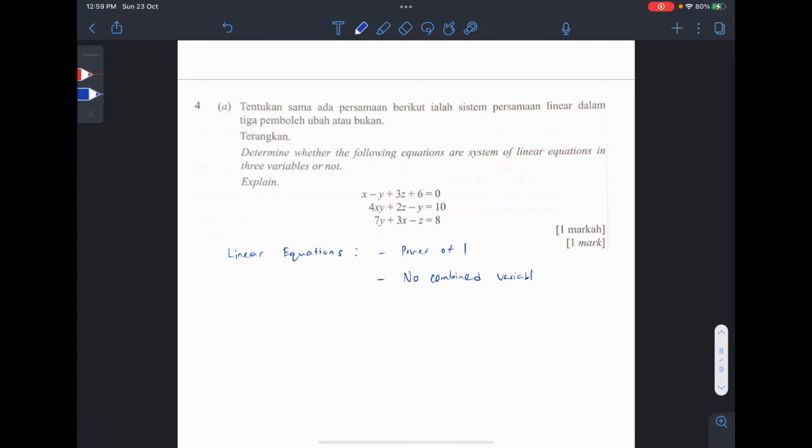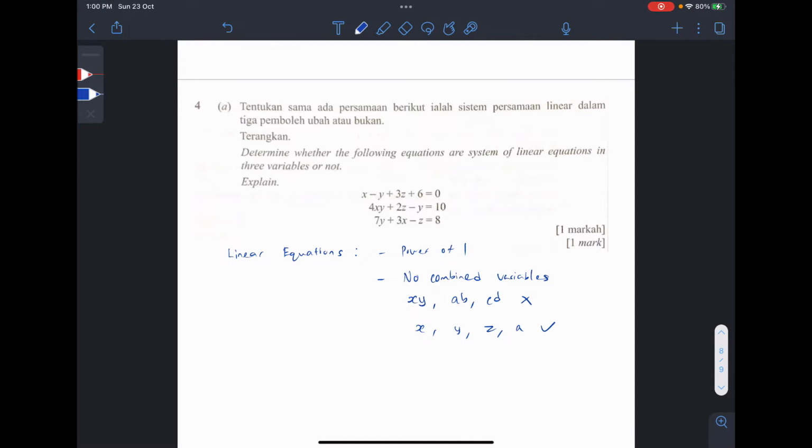Basically, I'll give an example. You can't have it as xy, ab, cd. It can't be combined. So this is a no. You have to have it alone, like x, y, z, a. It must be alone.